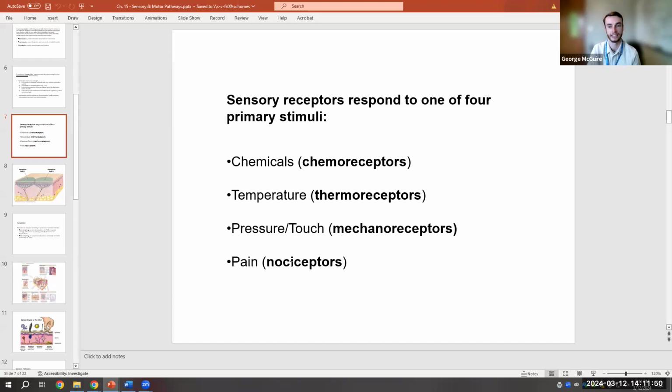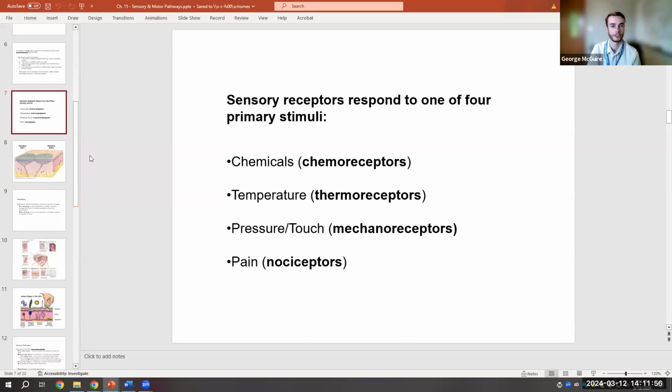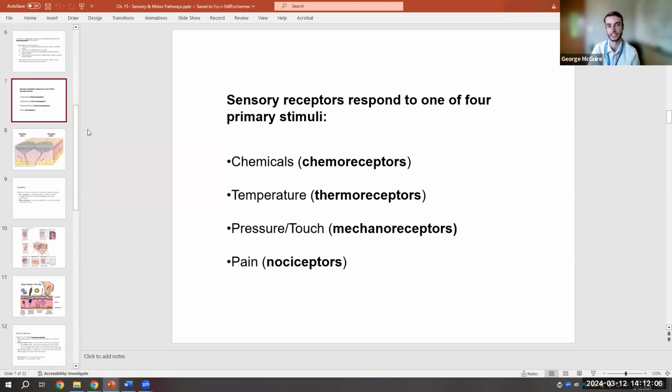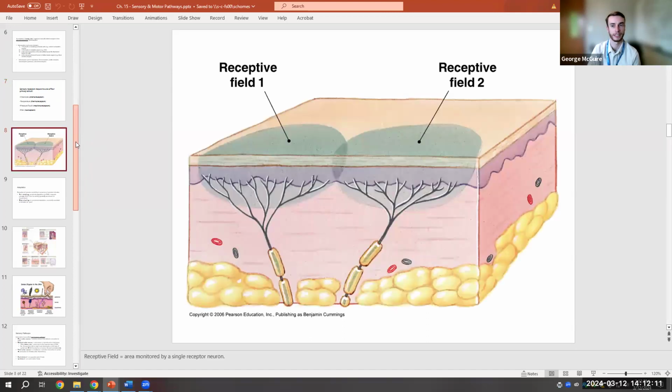And then lastly, pain being sensed by nociceptors. And so when we start looking at the different types of pathways, we'll talk about which sensations they're responsible for responding to, or what types of signals they are sending, what senses they are sending to the brain. And so you'll see those terms come back up again.